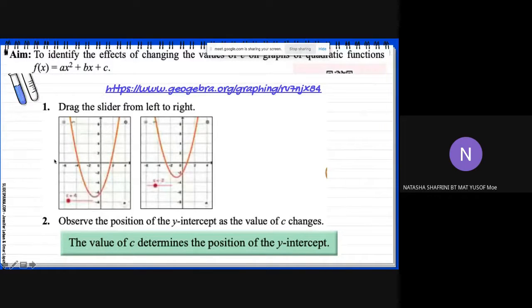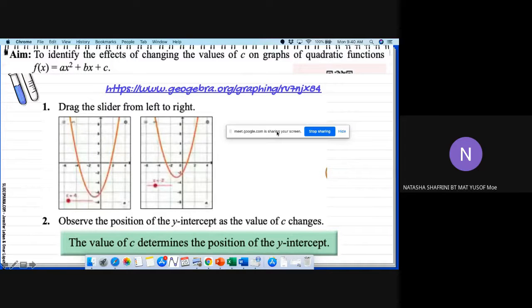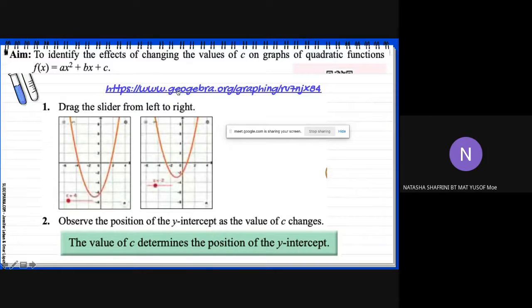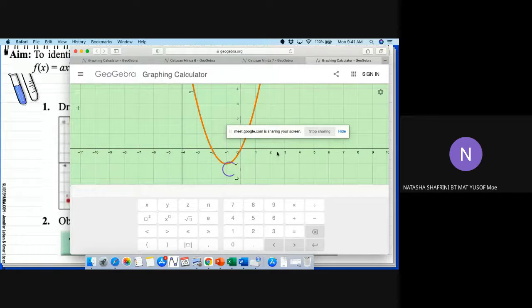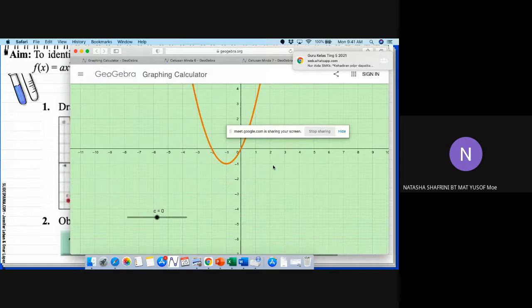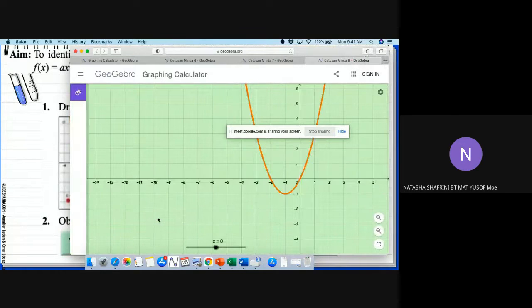Identify the effect of changing the value of C. Sekarang cikgu nak tukar C pula. Okay, cikgu nak tukar C on the graph of quadratic function ax square plus bx plus C. Okay, tengok sini. Okay, cikgu tukar value C. Sekarang ni C kita kosong.